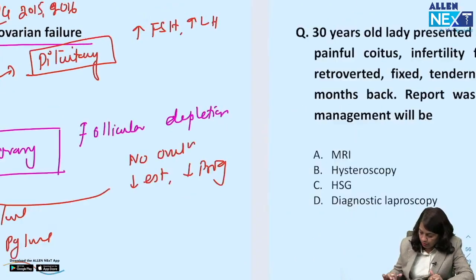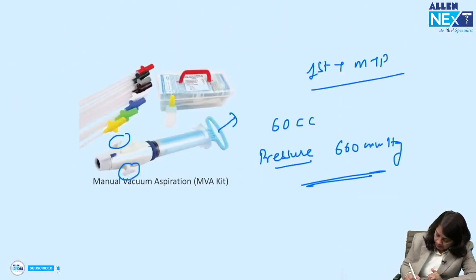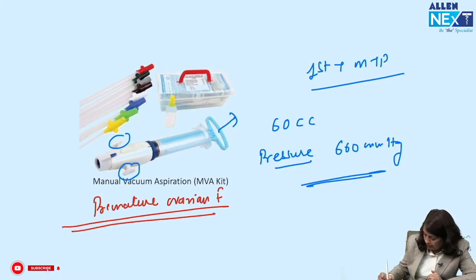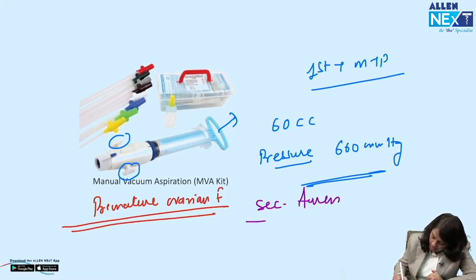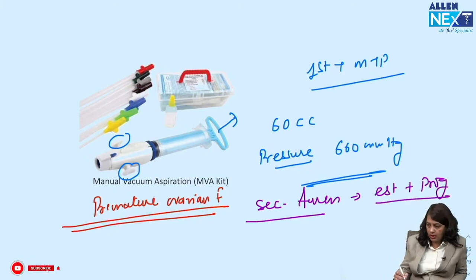Now I have two more questions for you. In premature ovarian failure, जिसको premature ovarian insufficiency भी कहते हैं, if she is presented with secondary amenorrhea, then your treatment is estrogen and progesterone. ठीक है.